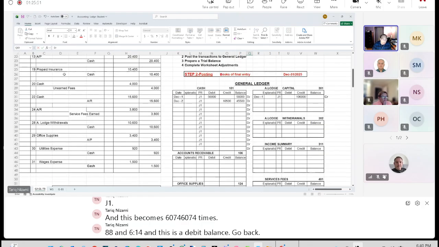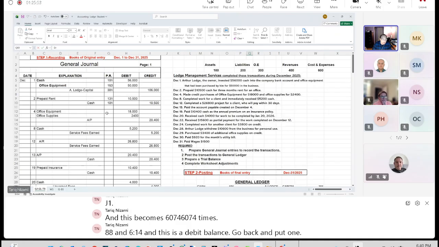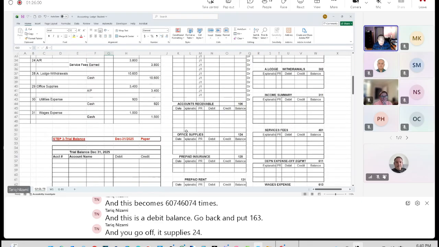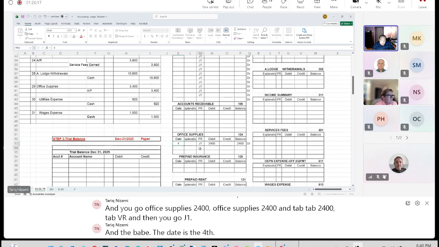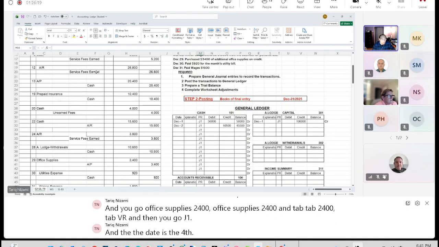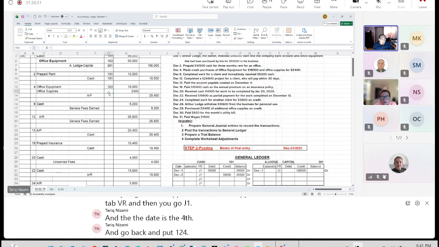Go back and put 163. And you go office supplies 2,400, tab 2,400, tab DR, and then you go J1, and the date is the 4th, and go back and put 124.